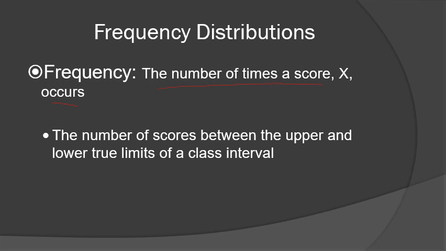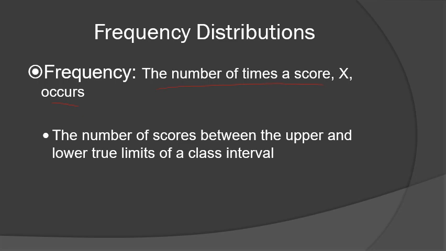Your x value is going to be for each different possible value that your variable can achieve. I'll have a visual representation of that on the next slide. If you've got intervals, it's got to be between the upper and lower true limits of the class intervals.